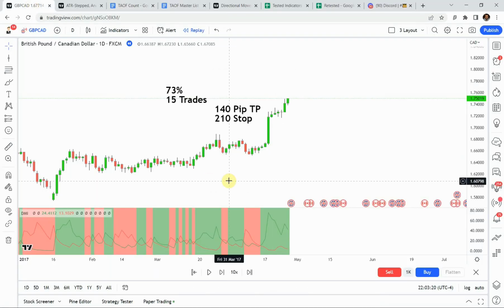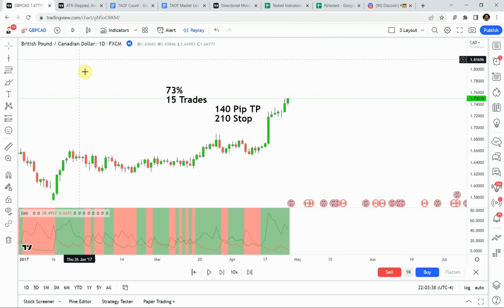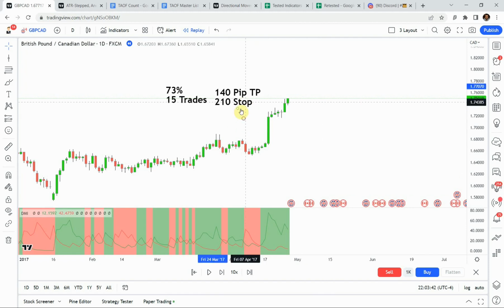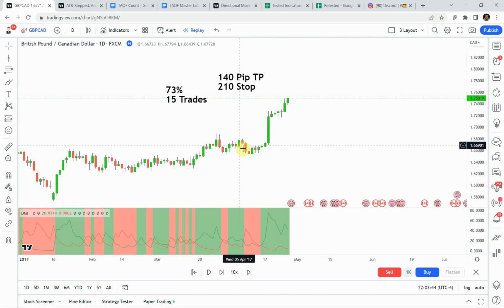Alright, so today we are looking at an advanced testing of the Directional Movement Index indicator, and you can see it here on the bottom of the screen. In the original testing, it did a 73% win rate with 15 trades, again in the 1 year time, and so we did keep this on the daily time frame. The stop and take profit, we kept on the default daily take profit and stop right there.